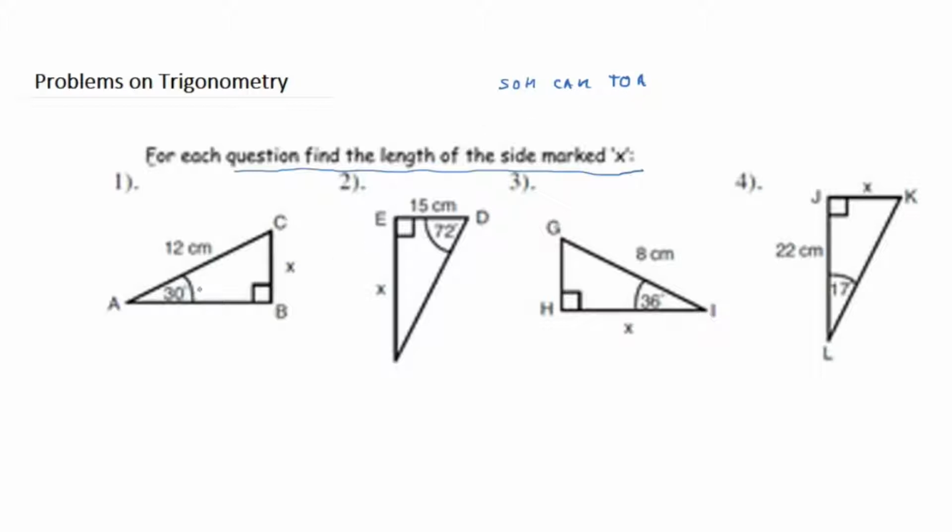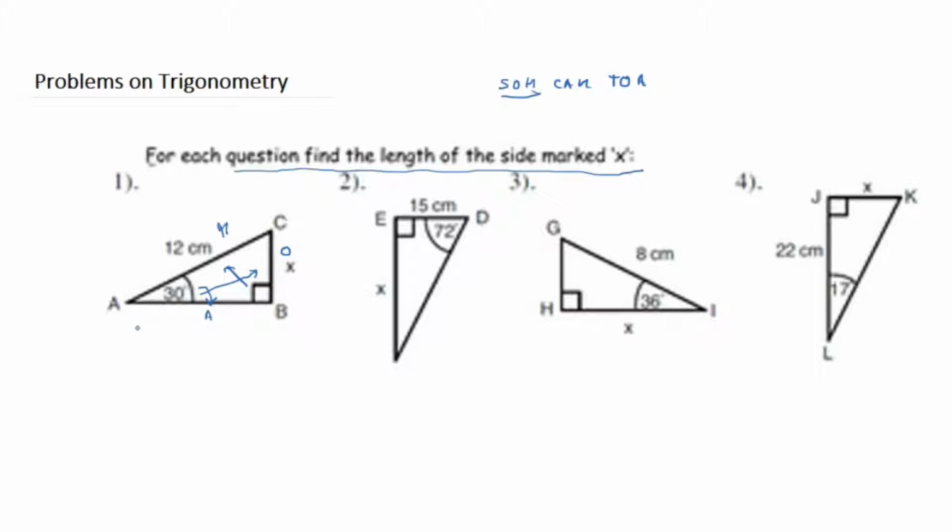The side opposite to the right angle is the hypotenuse. So we have got the hypotenuse here. The side next to the angle given is the adjacent, and the side that is opposite to the angle given is called the opposite side. So here the hypotenuse is given and we have to find the opposite. So obviously we'll use the sine function.